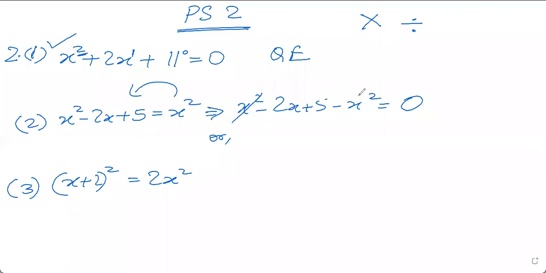Now x square minus x square is 0. So we are left with minus 2x plus 5 equals to 0. This simplification must be done. Now tell me, what is the highest power of this equation? The highest power is now 1. And because the highest power is 1, this is not a quadratic equation. This is only a linear equation.